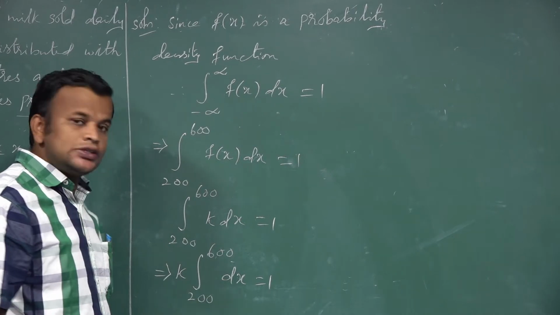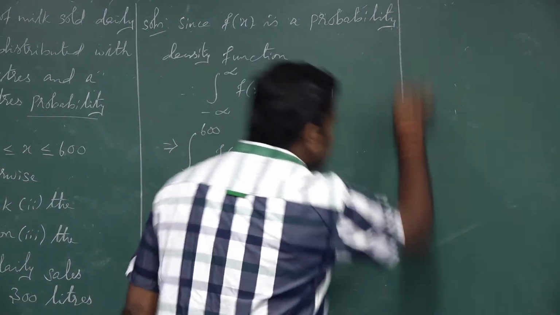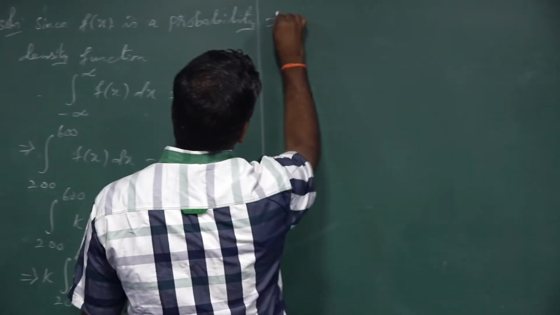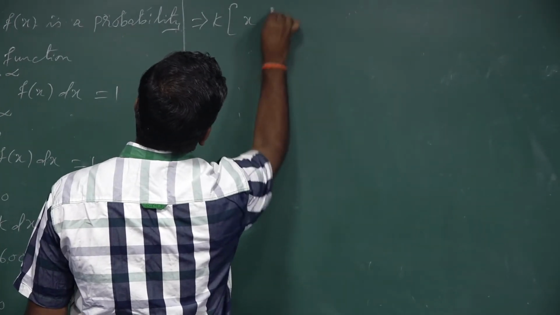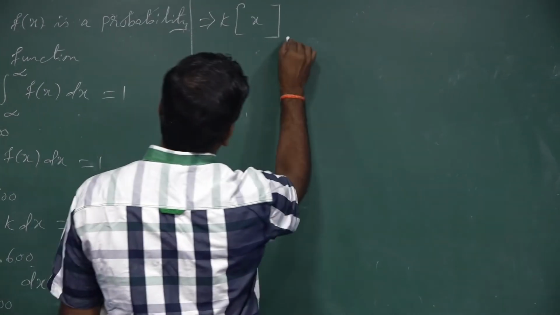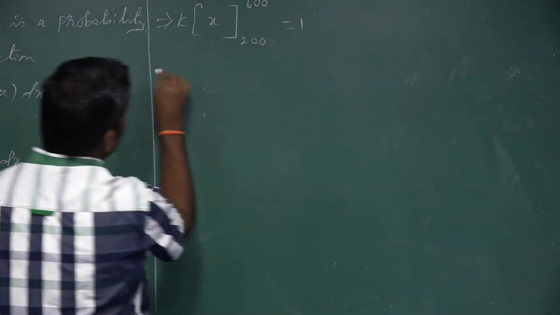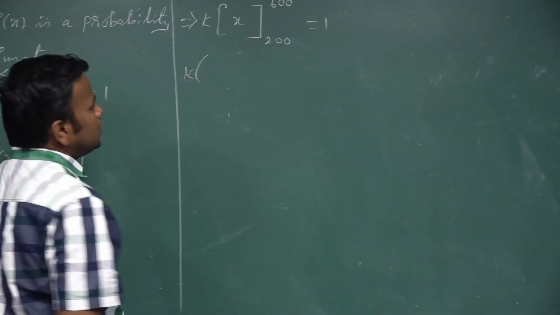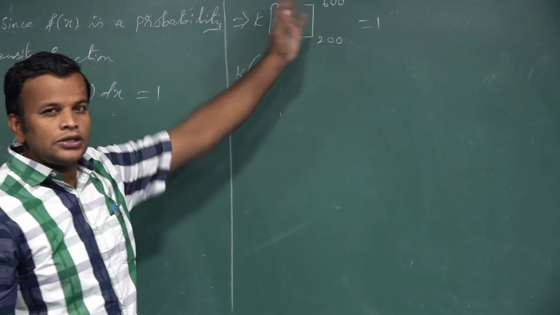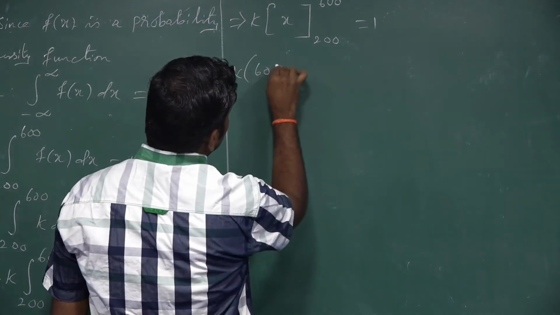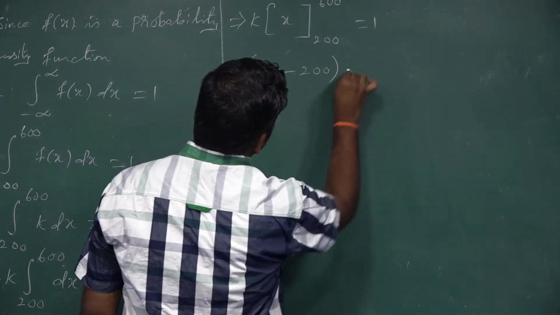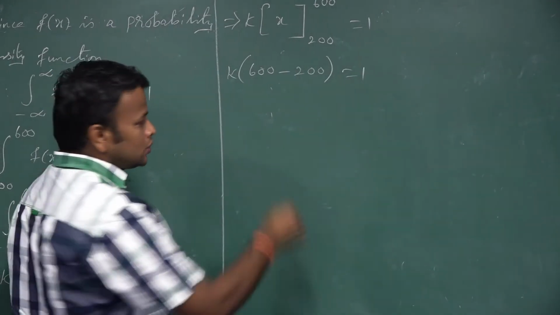The integrating of dx is x. So we take k outside, x, but the limits are 200 up to 600 is equal to 1. Now we apply the limits. k of upper limit 600 minus lower limit 200 is equal to 1.